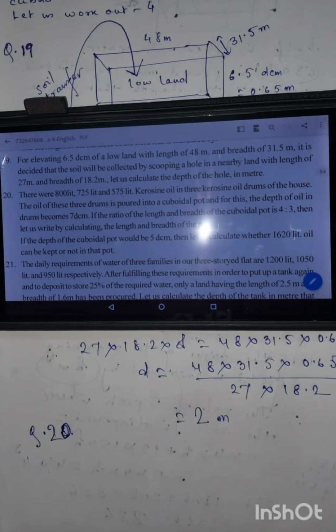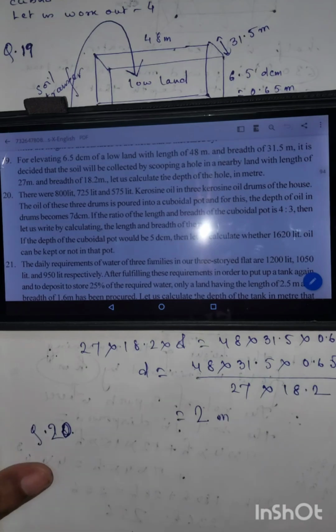Question number 20 says there were 800 liter, 725 liter and 575 liter kerosene oil in 3 kerosene oil drums of the house. The oil of these 3 drums is poured into a cuboidal pot, and for this the depth of oil in the pot becomes 7 decimeter.